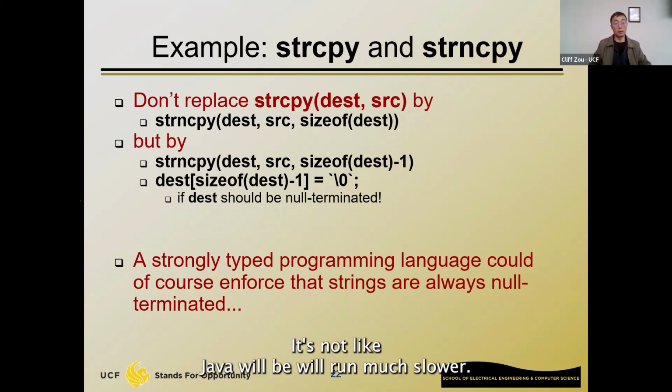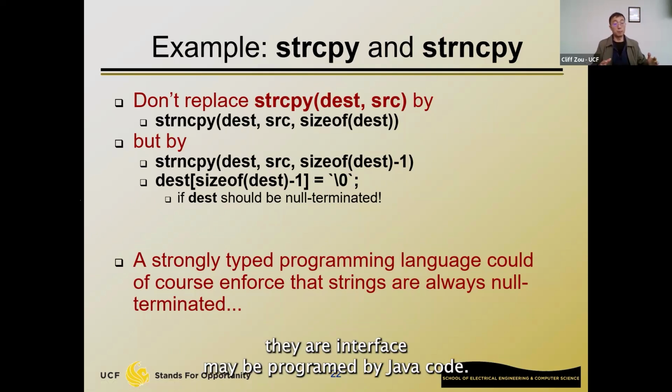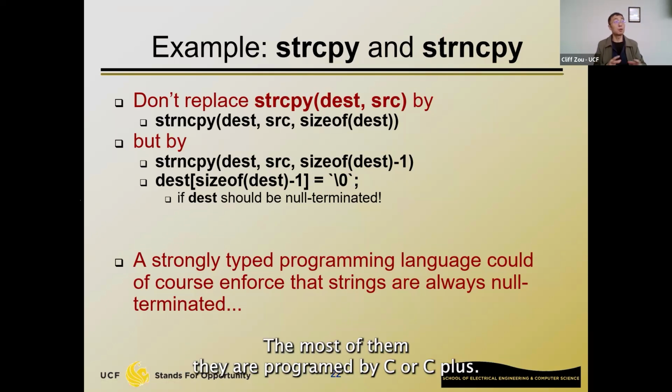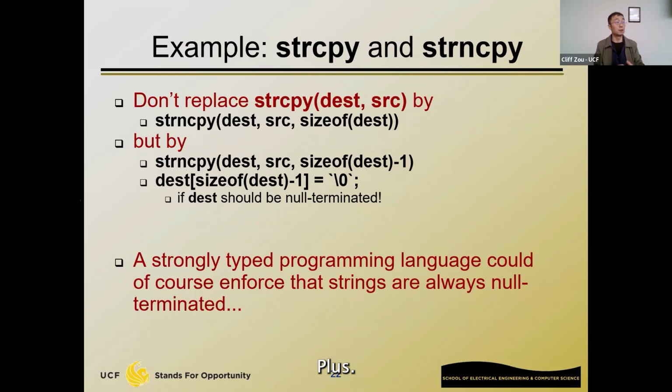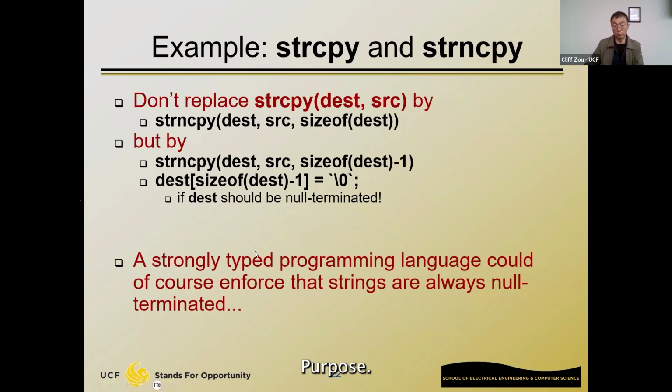It's not like Java will run much slower. So for that reason, many software products may have their interface programmed in Java, but internally, most of their internal modules are programmed in C or C++, a slightly lower-level programming language, for efficiency purposes.